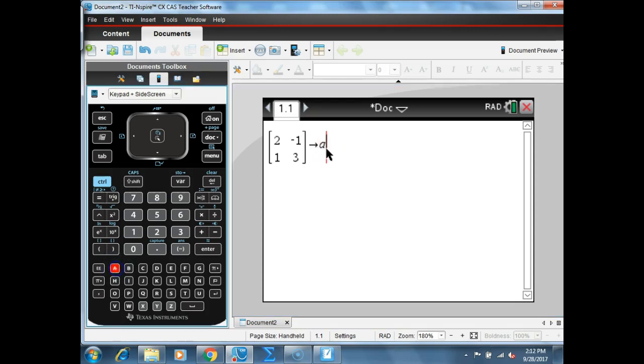I'm going to name that matrix A. And when I hit enter, it should give me a repeat of matrix A. Now, the downfall is it's not a capital A, but it's still A no less. And so if I just type in A, I get a bolded A now instead of the italic A. And if I hit enter, it will give me matrix A again. So it's got matrix A in there.